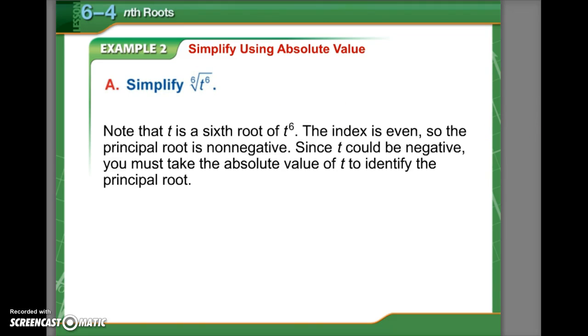let me throw up a number example on here. If I had 2 squared and the square root of that, then the square and the square root would just cancel, and I'd just be left with 2. And if I had the square root of negative 2 squared, then the square and the square root would cancel, and I'd get negative 2.